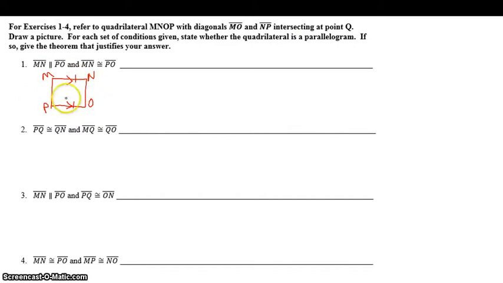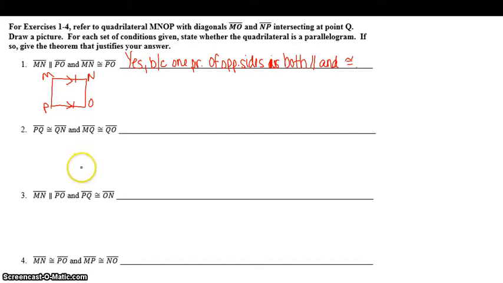This is one of those cases where one pair of opposite sides is both parallel and congruent, so this would be yes, because one pair of opposite sides are both parallel and congruent.